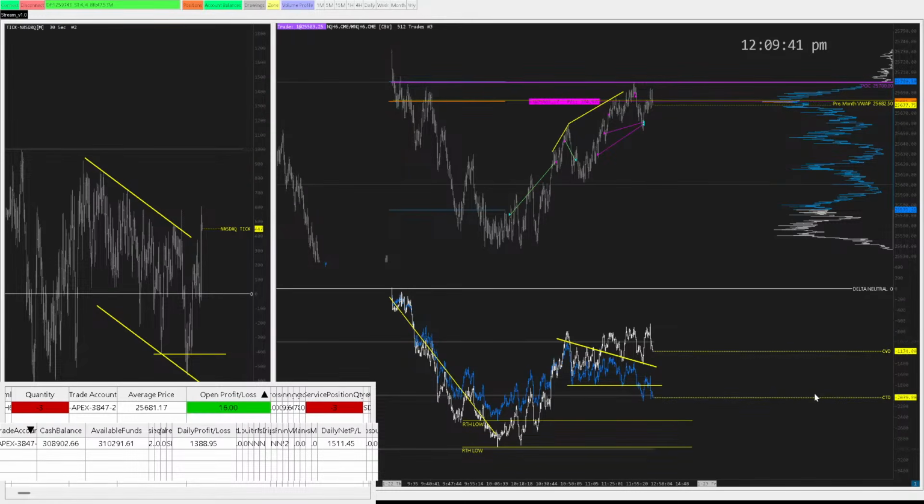Now, there's also statistical edge, which I think is extremely important. I know a lot of what's popular out there. Obviously, there's ICT stuff, there's the 30-second opening range breakout ORB strategy, there's the 15-minute ORB, which has been popularized on YouTube.